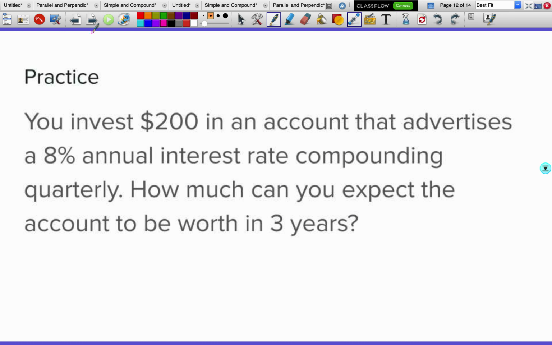All right, so let's practice that formula. We have $200 in an account that advertises 8% annual interest rate compounded quarterly. How much can we expect the account to be worth in 3 years? So final amount A, we don't know that, equals our principal, we're investing $200, times 1 plus the rate, always express this as a decimal, divided by, so it's quarterly, that means n equals 4 times per year.